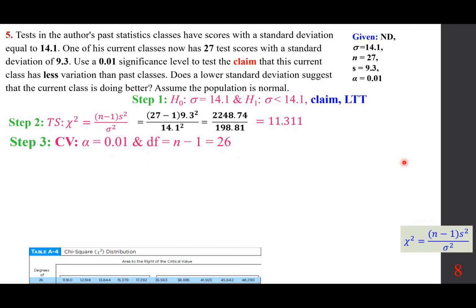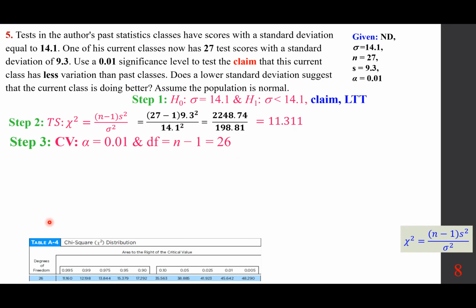So we have this table. In the left column, we look for degrees of freedom of 26. I need the area to the right, which is 0.99, so up here in the top row, look for 0.99. When you put them together, the answer is 12.198.